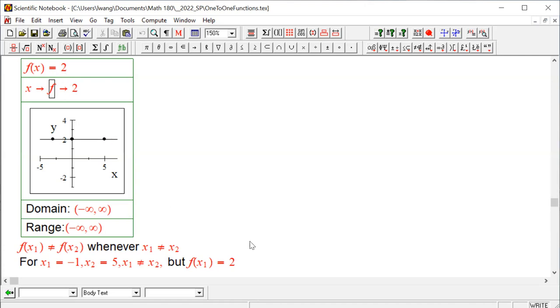That's the definition of the function. f of x2 is also equal to 2, i.e. f of x1 is the same as f of x2.